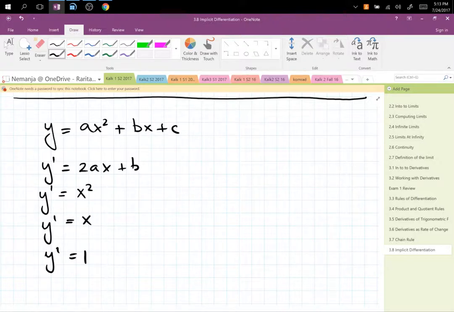Would anyone like to comment, whatever you want to contribute, on what I just wrote over there? Is it right? Is it wrong? These are all first derivatives. That's what I claim.